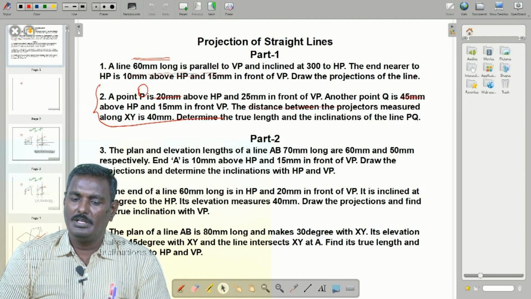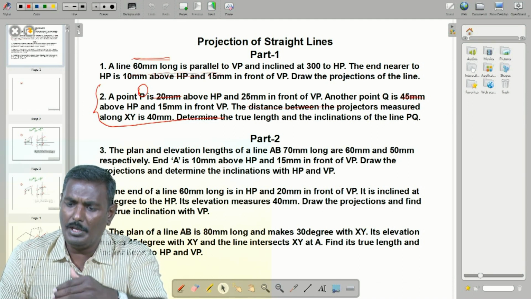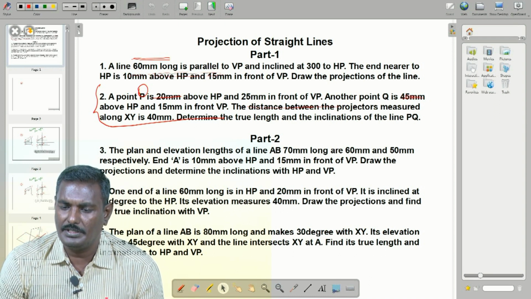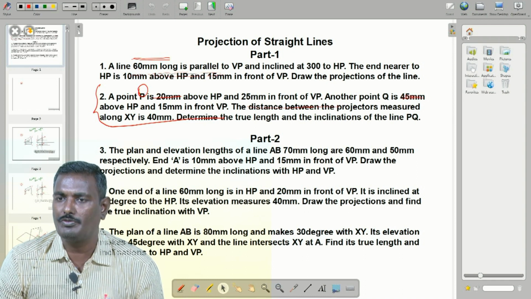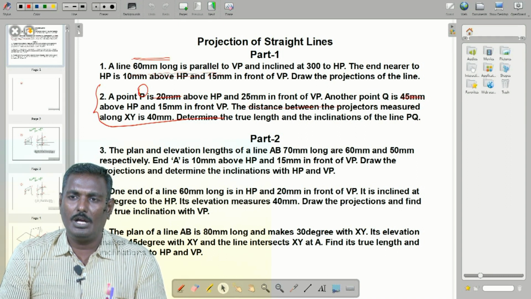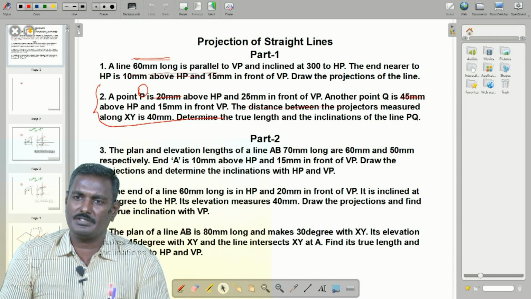In part 1 we already covered numbers 1 and 2, that is how to find the true length and how to determine the inclinations.